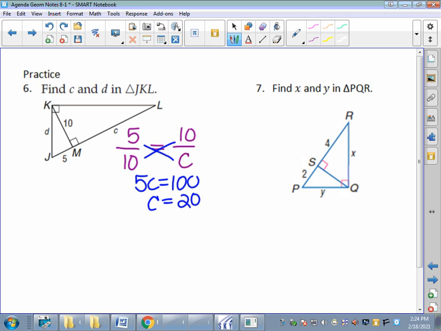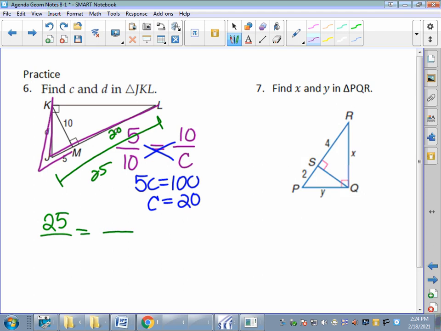So then the other one, I said when we're given a piece of a leg, we do the whole hypotenuse over the leg equals the leg over the closer part of the hypotenuse. So we do know this whole hypotenuse, since C is 20, this whole thing is 25, right? So 25 over the leg that we're looking for, D, equals, come back down that leg, D over the closer part of the hypotenuse.